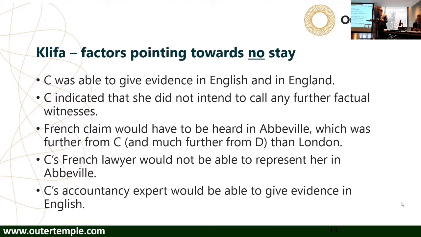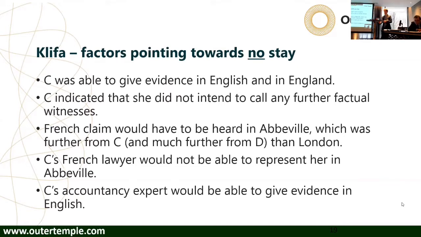And Karen referred to this earlier, actually, that it's not even as simple as saying, well, if the claim is heard in France, then the claimant is based in France, and therefore that is a convenience factor that points in favour of it, because the trial would have been heard in Abbeville, which was both geographically, as the crow flies, further from where the claimant was based in Orleans, and it would also take longer for her to get there.